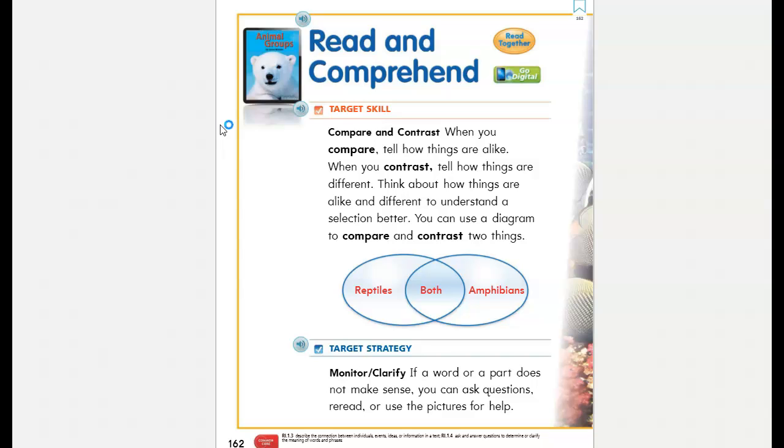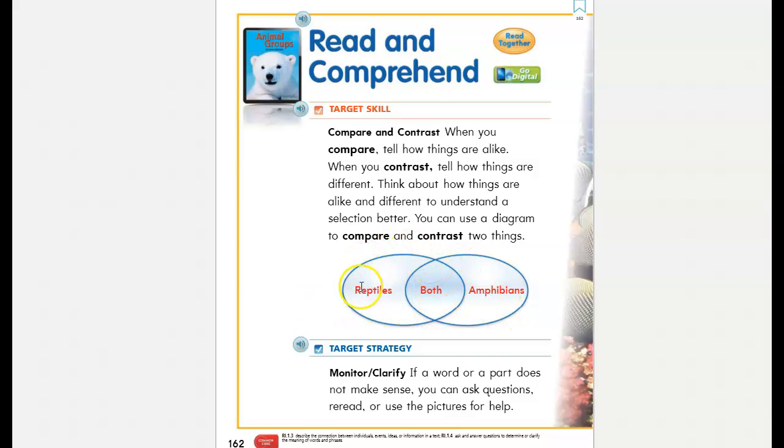When you contrast, tell how things are different. Think about how things are alike and different to understand a selection better. You can use a diagram to compare and contrast two things. This is called a Venn diagram.